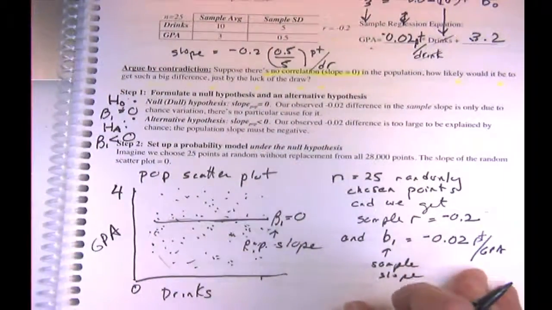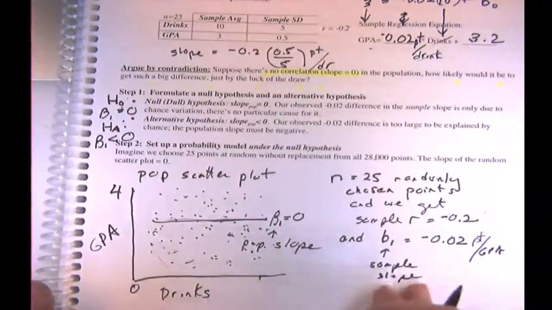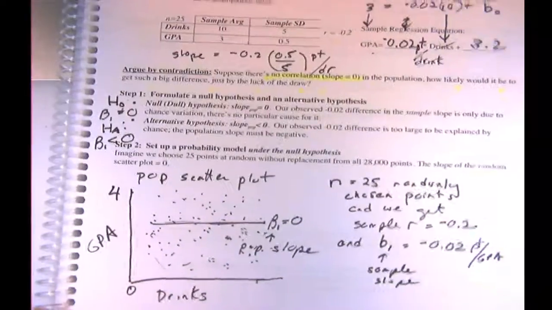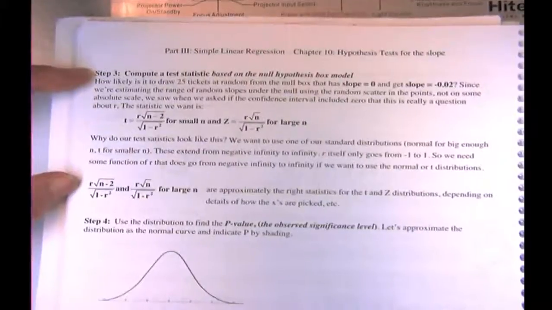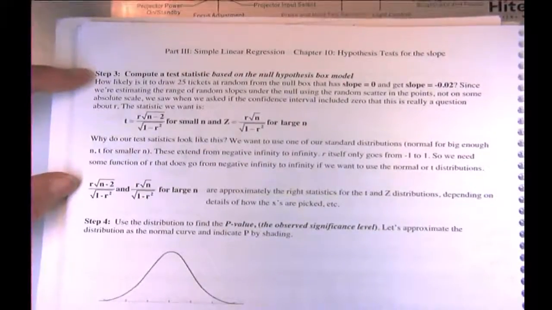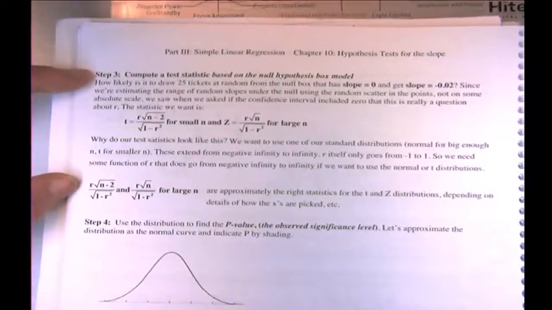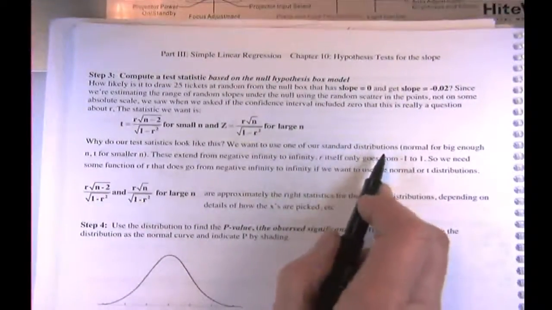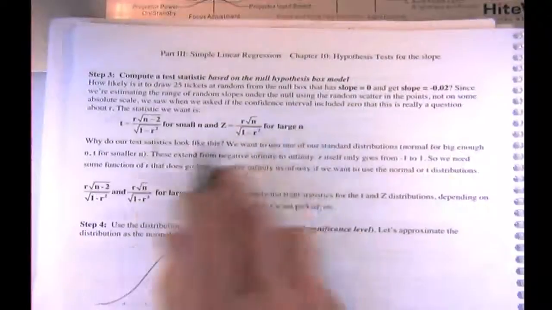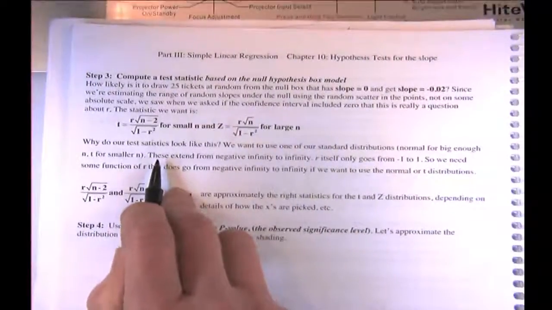Now, we're going to use that test statistic, and that's what follows the T or the Z. Let's just remember how, so that's explained here. We want to use one of our standard distributions, normal for big enough n, or t for smaller.